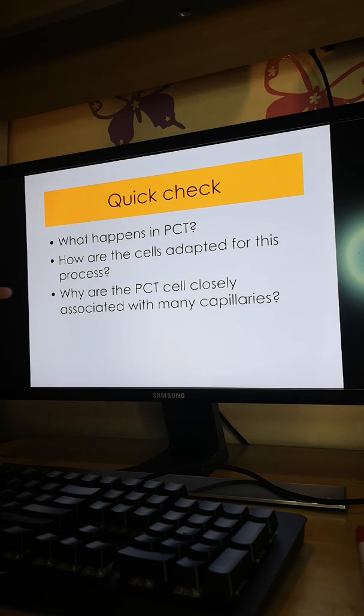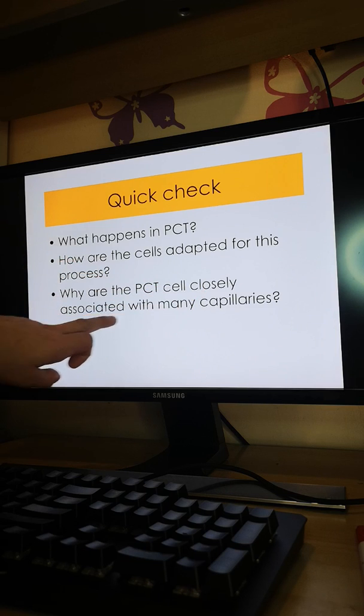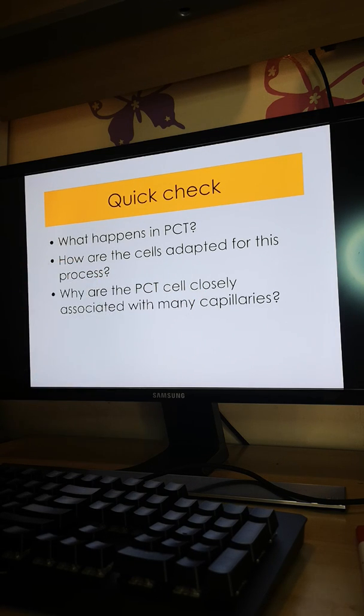And as we said, there's a close association with capillaries. So why such a close association? Well, that will be to reduce the diffusion distance and increase the surface area for diffusion and active transport to happen. So for absorption.